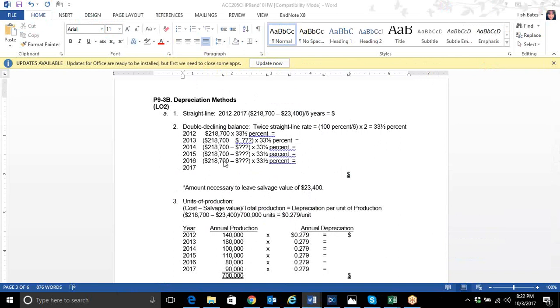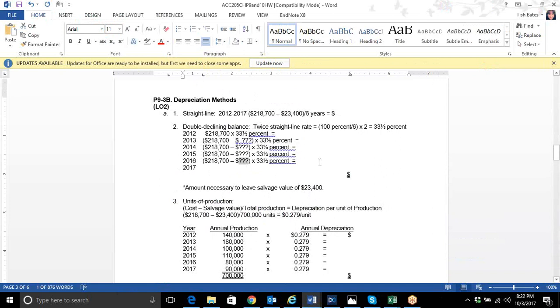Your double declining balance, in this case, based on the problem that they gave you, you are going to subtract out whatever the previous year was. So 2012 is going to come in and go right here, 2013 right here, 2014 right here, 15 here, right?